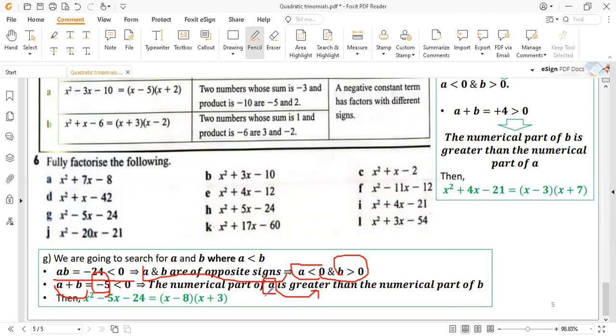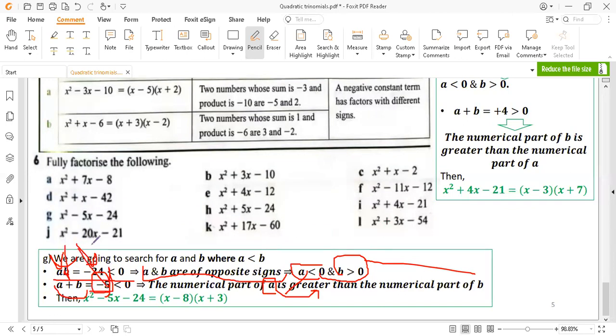The negative is greater than the positive number.